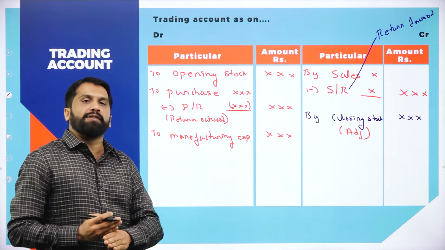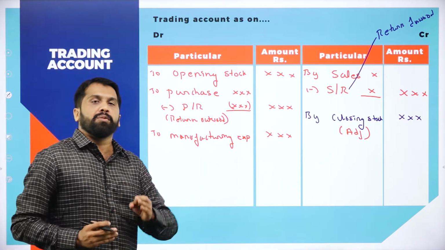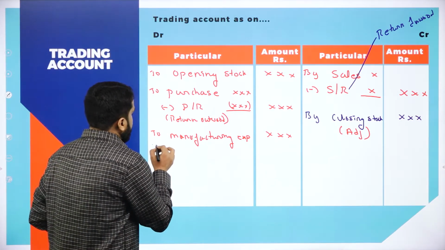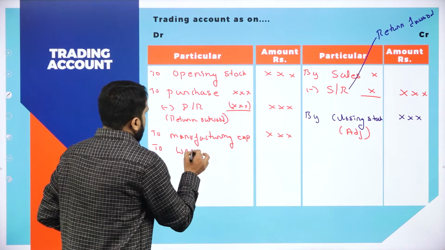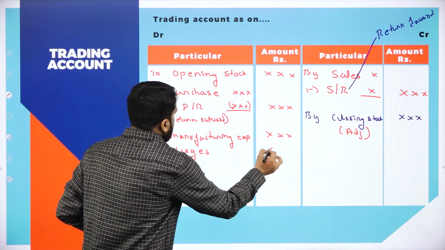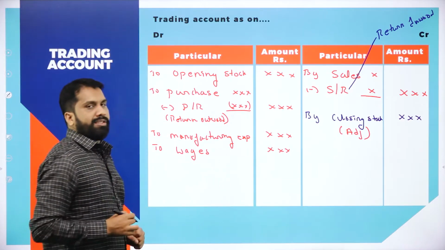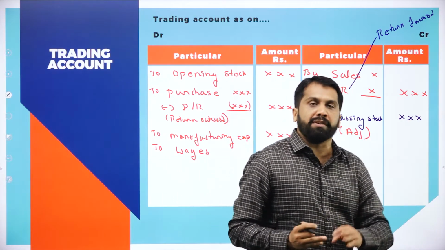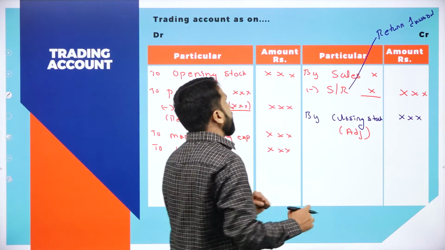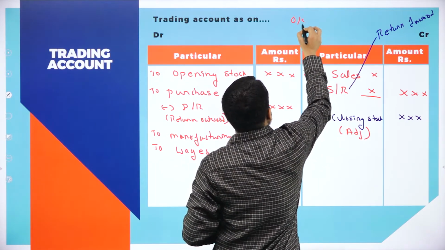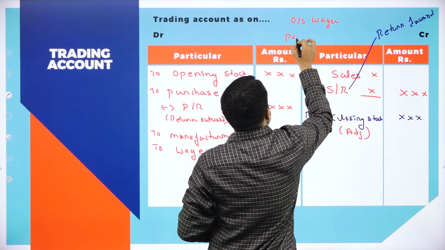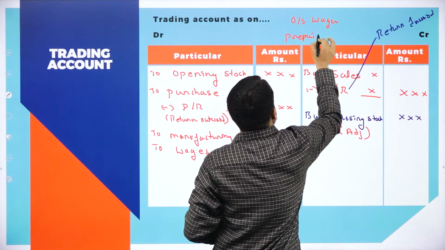Now, manufacturing expenses are done. What is the next one? Major one, wages. So you have to write wages. Remember, in the adjustment, if they have given anything like outstanding wages or prepaid wages.